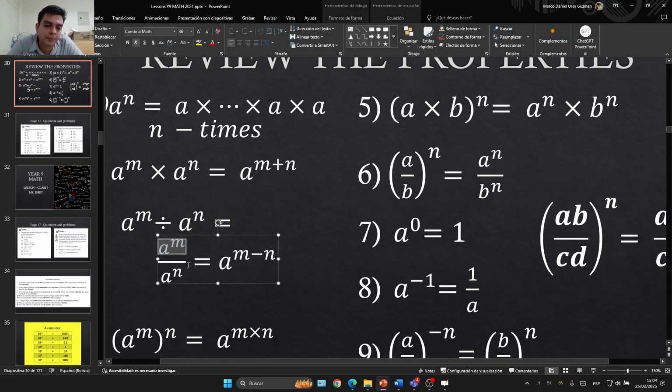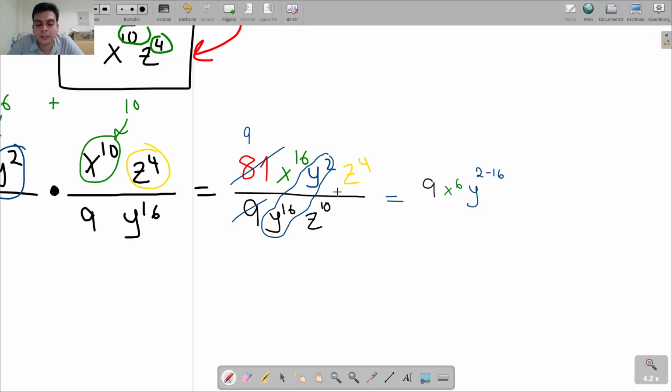The number up minus the number down. Here the same is happening. The number up, 2, minus the number down, 16. And the same happens with z. We have z to the power of 4 up here, and we need to subtract it with 10.